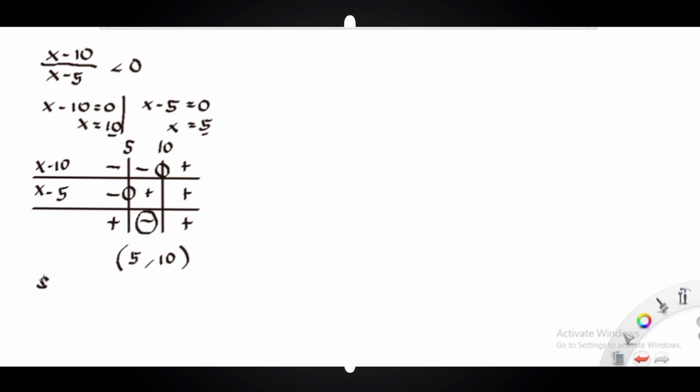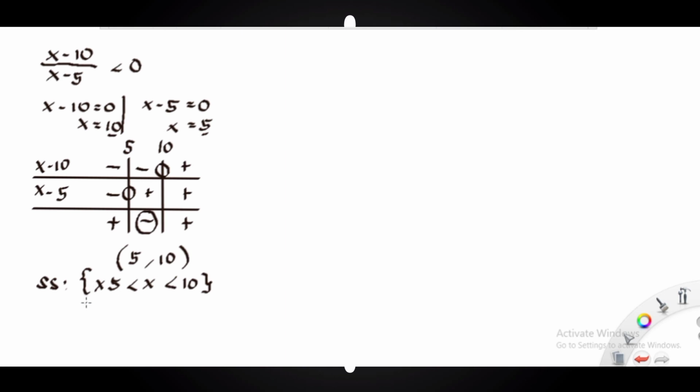So, kung isusulat natin ang solution sets nito, ibig sabihin, ang solution ng ating rational inequality ay we have x such that x is less than 10 because itong negative sign ay nasa kaliwa ng 10 but greater than 5 dahil nasa kanan naman siya ng 5 mga numbers na mas mataas sa 5.